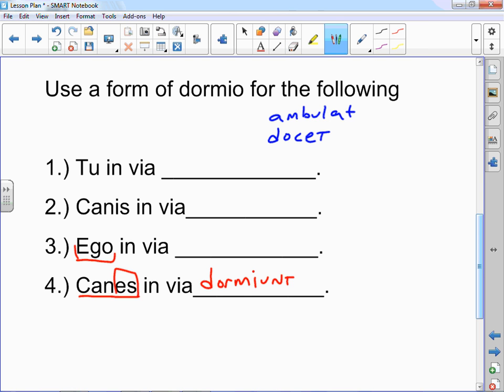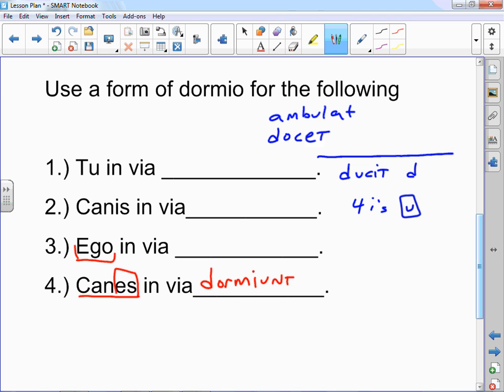So I get ducere. I take off the ERE, and I have to remember that for the third I get I's and a U. So that means for the third person plural I use a U, for everything else I use an I. So I would say ducit, but for the plural I need that U.